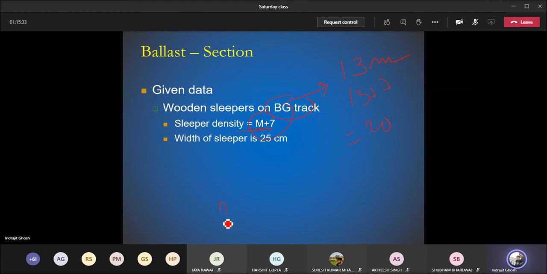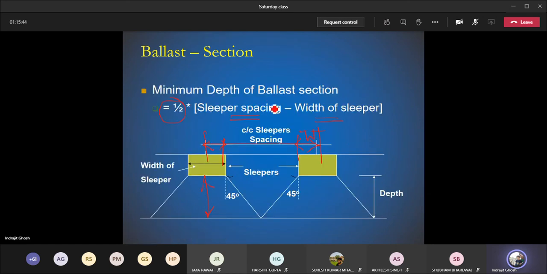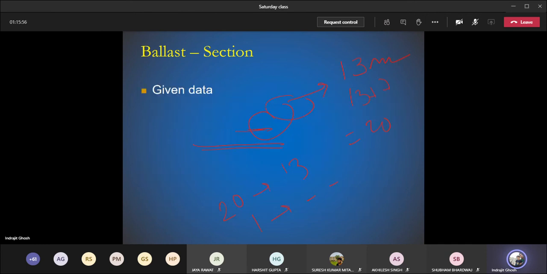So 20 sleepers for a 13 meter length, one sleeper for how much? You know the width of the sleeper. So you fit the values, you know the sleeper spacing, you know the width of the sleeper, use a multiplication factor of 0.5, and you will get the minimum depth of the ballast cushion. Very simple.